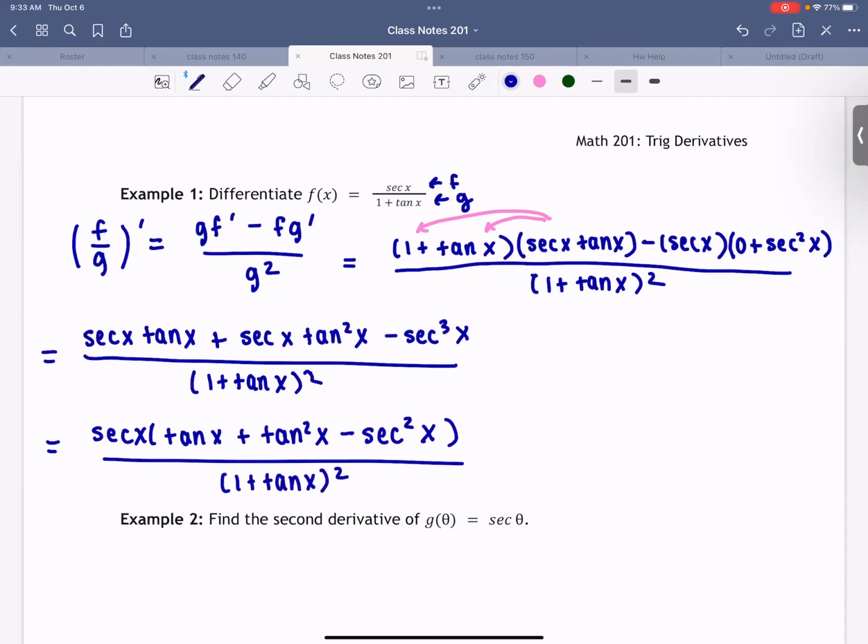Anyone see something we can do? Can't factor out a tangent x. Oh, wait. Any identities we can apply here?